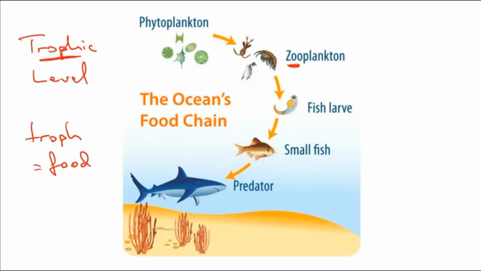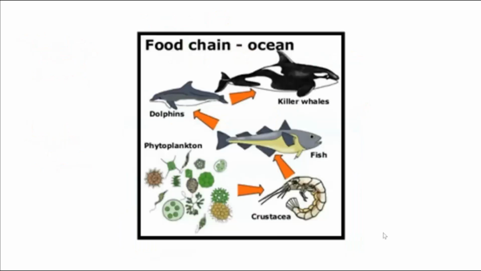Phytoplankton would be the first trophic level. Zooplankton would be the second trophic level. Then we have the third, the fourth, and the shark is the fifth trophic level. So that's what trophic level means, just the position that the organism sits within a food chain or food web. We'll come back to this in a little bit to see how the trophic levels can actually change for different organisms. But let's just look at another example of a little food chain.